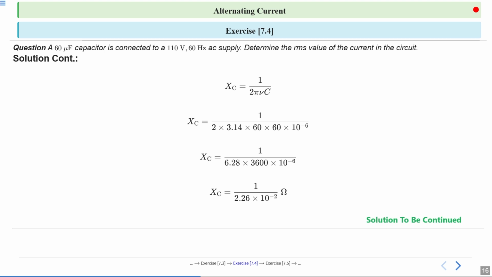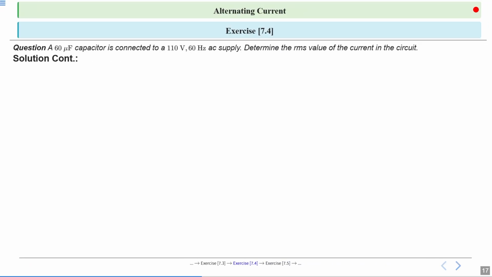And finally, the capacitive reactance and RMS value of current is given as IRMS equal to VRMS upon Xc, according to NCERT equation 7.18. Okay, now put the value of Xc that you have calculated. So we have not calculated the Xc value completely because we are going to put it here and then completely solve it.